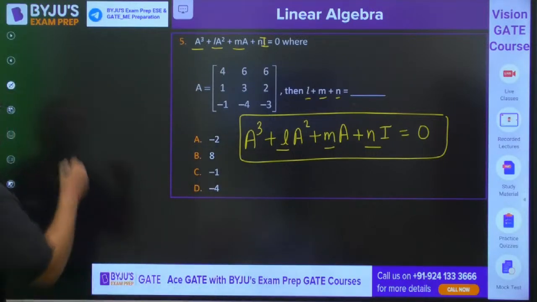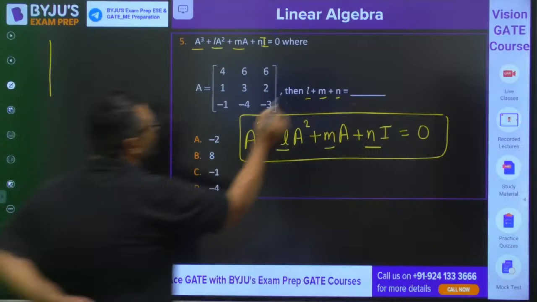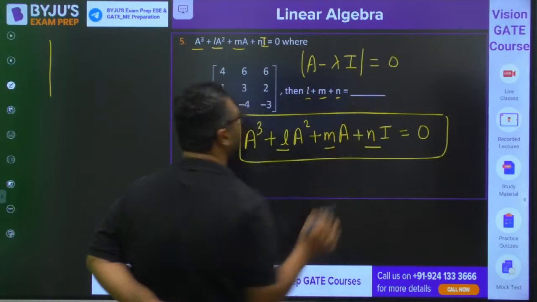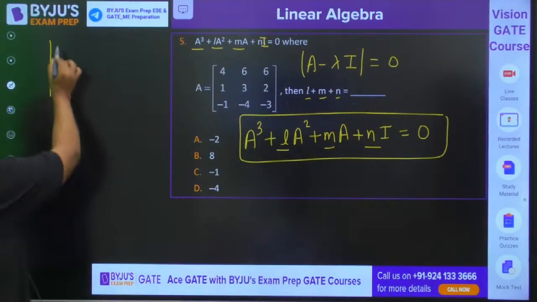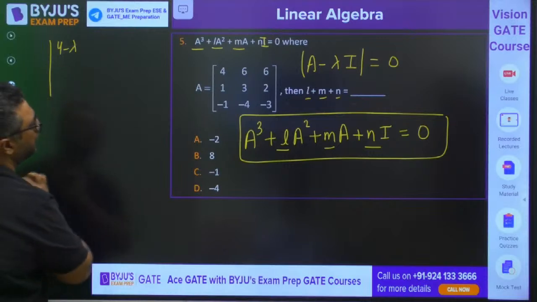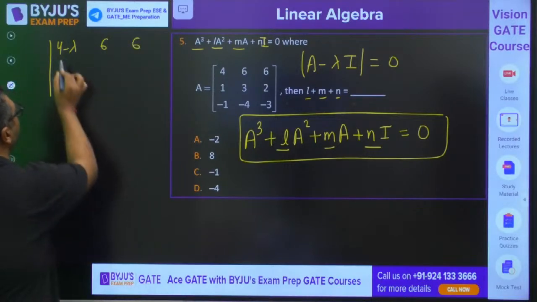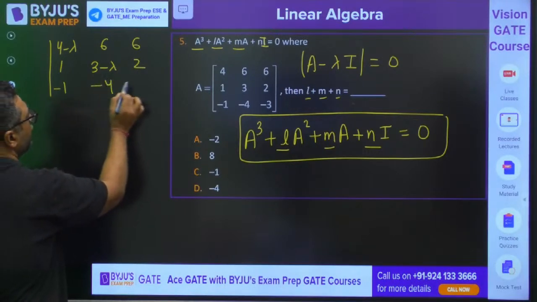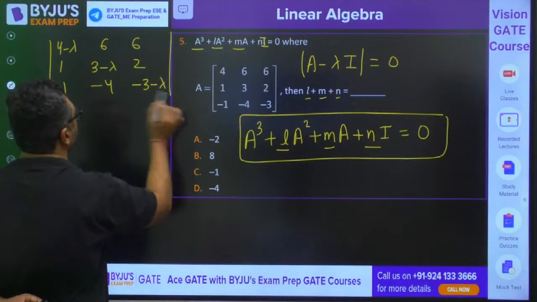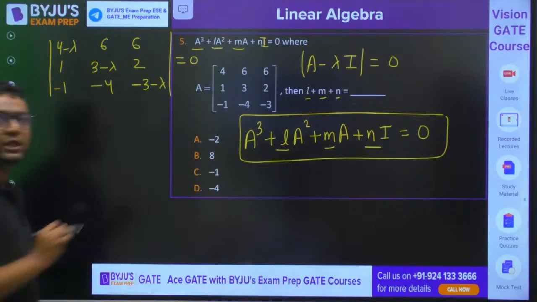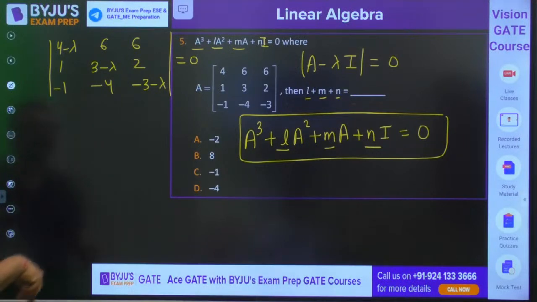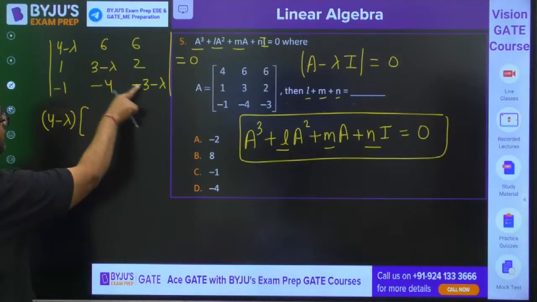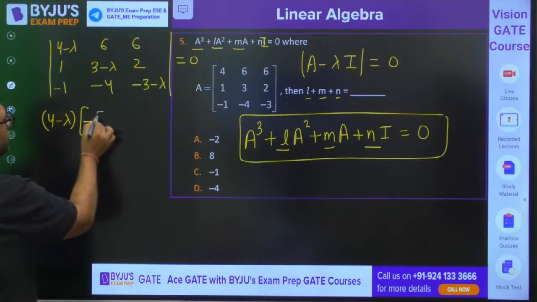First of all, you need to solve the equation. What is the equation? The determinant of A minus lambda I is equal to 0. This will give you the characteristic equation. So you will be writing 4 minus lambda, 6, 6; then 1, 3 minus lambda, 2; minus 1, minus 4, minus 3 minus lambda. From that you will be making the equation. Then you will be saying 4 minus lambda into 3 minus lambda, you can take minus outside.